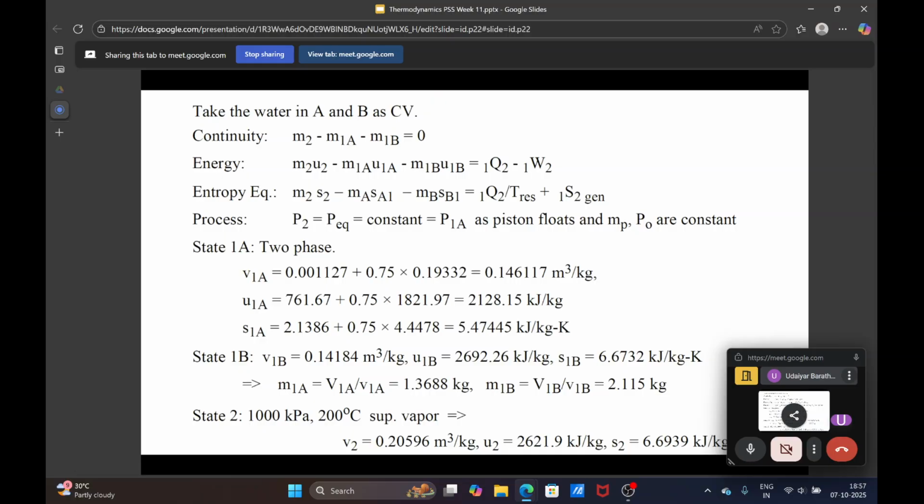So when you take the initial and final state and consider the whole process together, applying the entropy equation, the change in entropy of the system, which is M2S2 minus the initial entropies, equals the heat transfer Q by T plus the entropy generated.